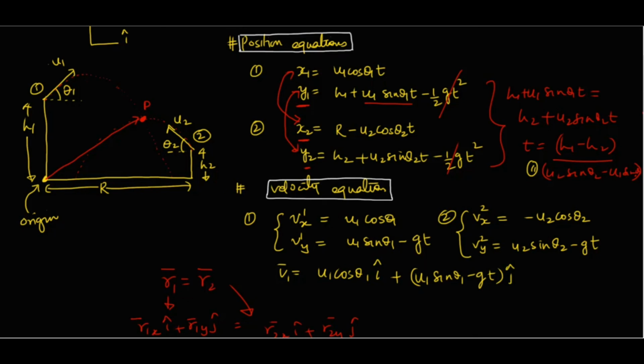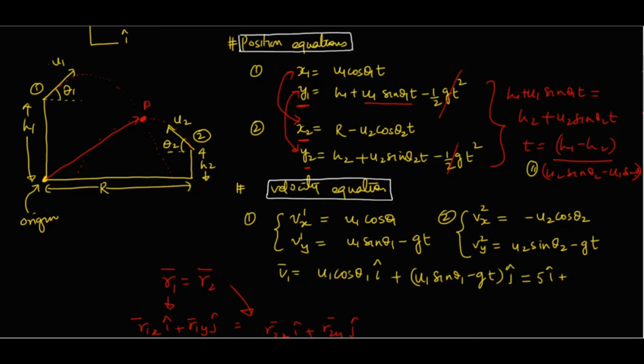Okay, so let's see the values. For this v1 value, you're going to put the values for u1 cos theta 1, and this t is also known. So this is 5i plus (5 minus 10 into 2) j.